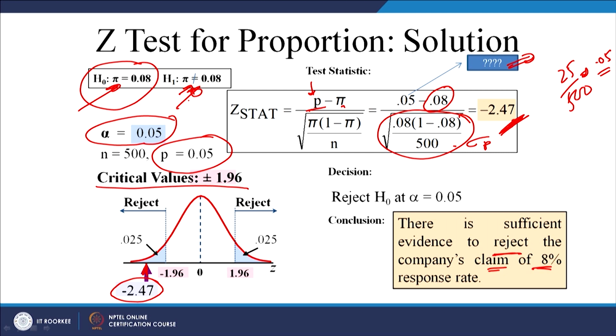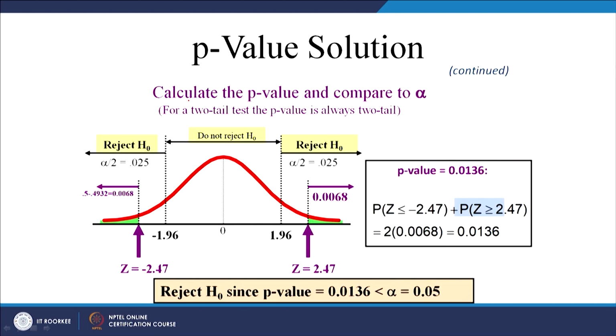In fact, the same question you can solve using the p value approach as well. So, this is a case wherein the z value is 1.96. Now, you need to look at the probability values.